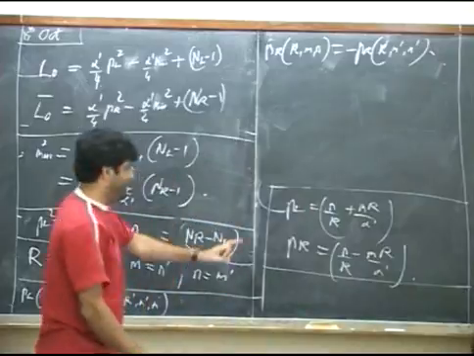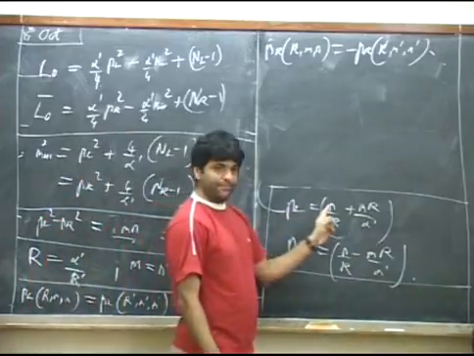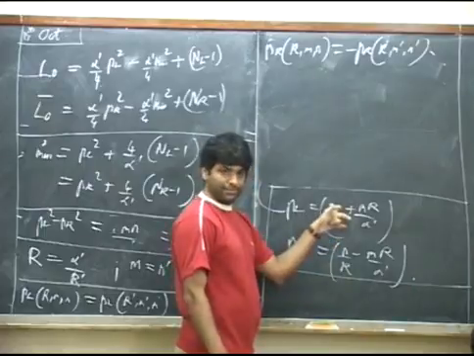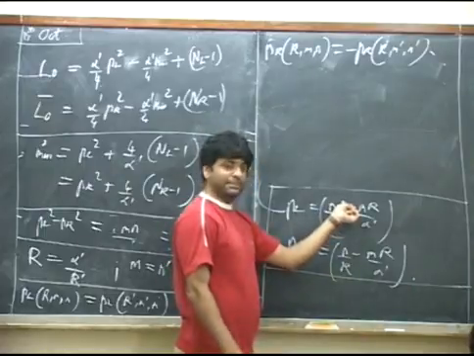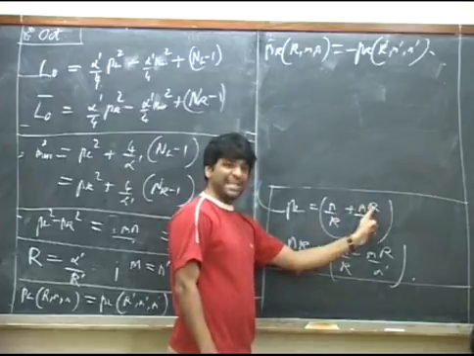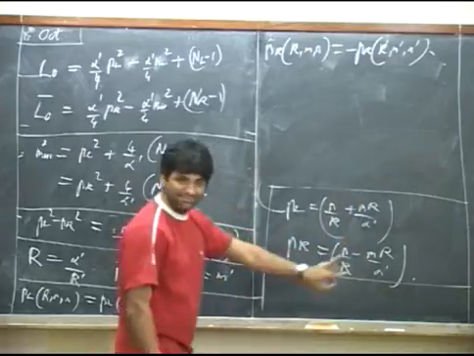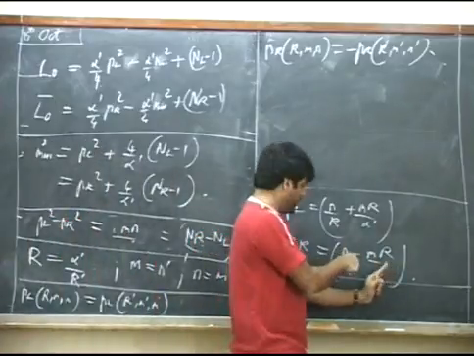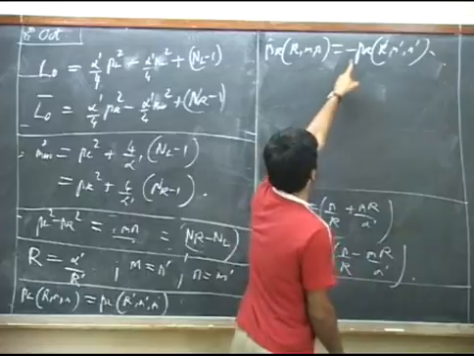Can you see this? I exchange R by alpha prime by R, and I exchange m by n. So this term becomes that term, and vice versa. Similarly, these two terms get flipped, and because of the minus sign here, we pick up this minus.